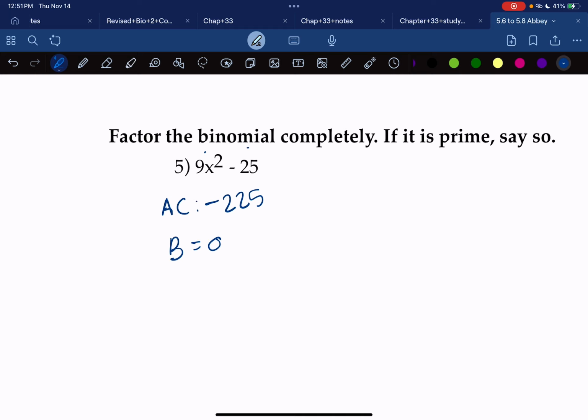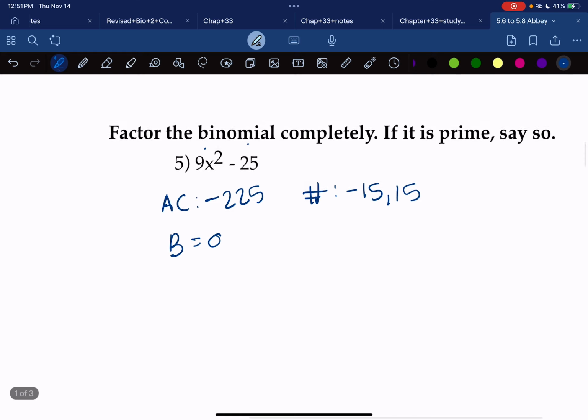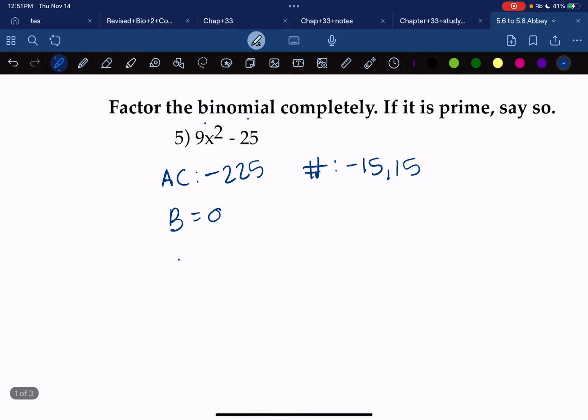Our numbers are going to be negative 15 and positive 15. Let's write it here. Negative 15, positive 15. And now we couldn't factor anything out, so we're just going to do x plus blank over blank, x plus blank over blank. On top, the numbers that we found. On the bottom, it's going to be our a, and our a value is 9.